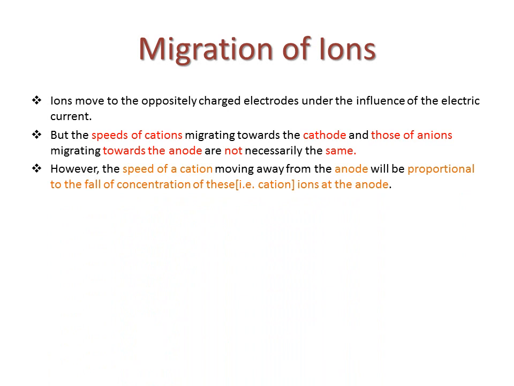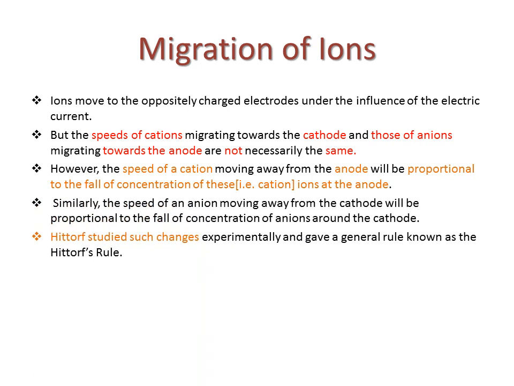The speed of cations moving away from the anode, the positively charged electrode, will be proportional to the fall of concentration of cations at the anode. Similarly, the speed of anions moving away from the cathode will be proportional to the fall of concentration of anions around the cathode.